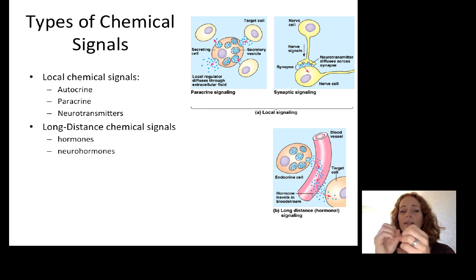That can be a cell that's very nearby, or a cell that's really far away. There's a couple ways of doing that. If they're local chemical signals, we have autocrine, paracrine, and neurotransmitter. I'm going to go through each one of these in a separate slide. If they're long-distance chemical signals, we have hormones and neurohormones, and they're going long distance because they're going to travel through the blood to get to their target cell.